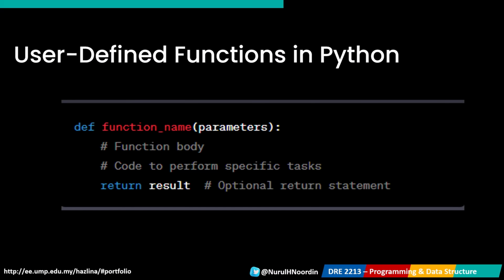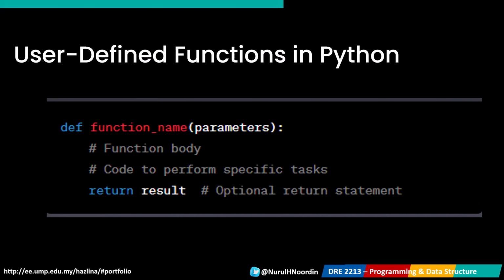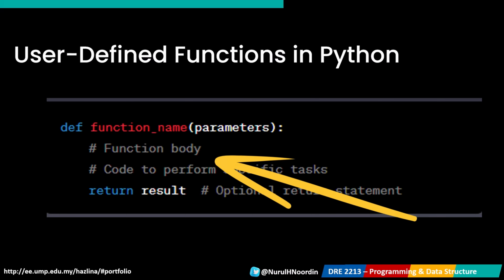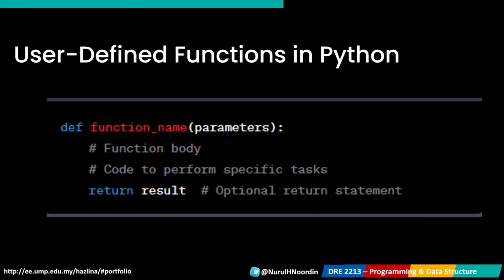UDF enables you to encapsulate reusable blocks of code for better organization and readability. The def keyword is used to declare a function. Function name is the name of the function you choose. Parameters are input values passed to the function. Function body contains the code to be executed when the function is called. Return statement is used to send a value back when the function is called.